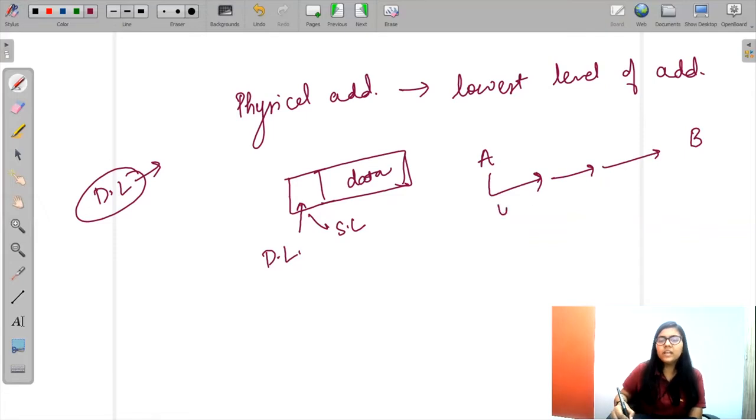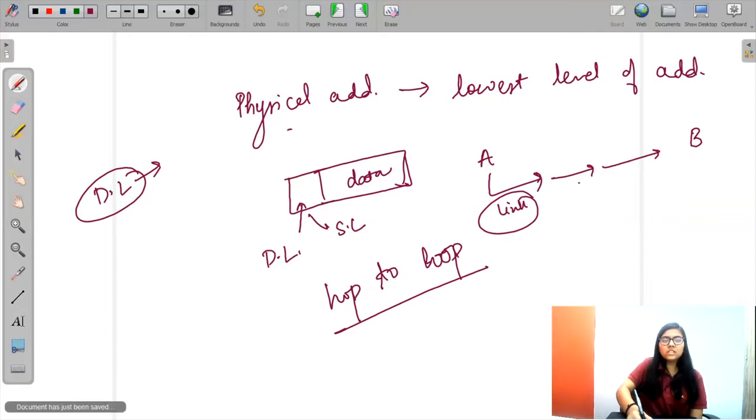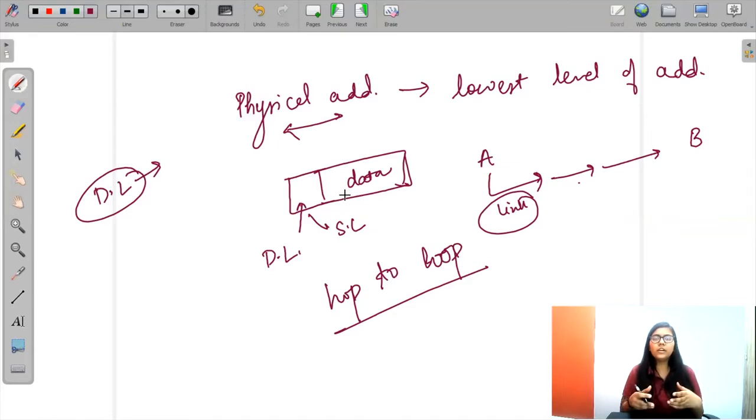When it is in link 1, it will contain the physical addressing for link 1. When it is in link 2, it will contain the addressing for link 2. From hop to hop, the physical addressing will keep on changing, right? So physical addressing is not a universal kind of thing because it does not simply contain the addresses of the sender and the receiver.